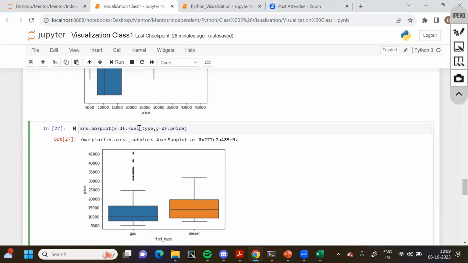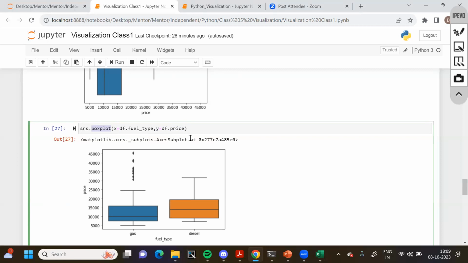Now you can see here what I have used: two variables. One is categorical, another is continuous. Without continuous, you cannot use it directly. Remember that, point number one: whenever you are passing data to any of the graphs, it should be numerical.